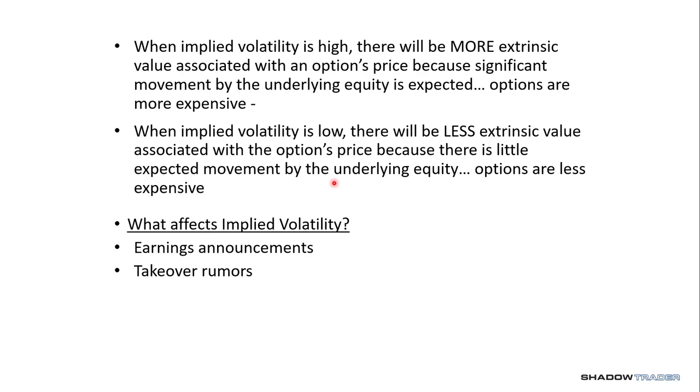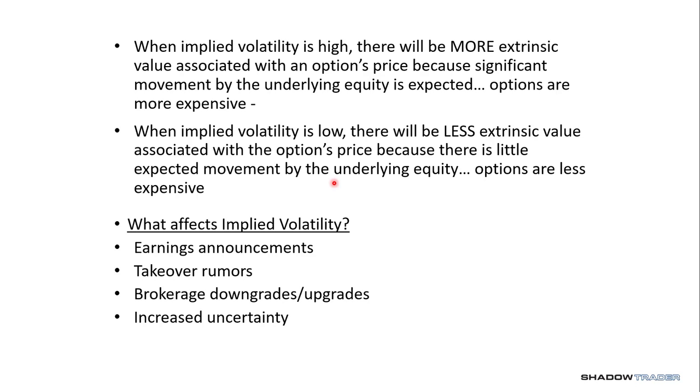Implied volatility goes up. Downgrades and upgrades. The ability for the equity to make or not make the price targets. Uncertainty in the market. Folks, it's all about news. It's all about something being unexpected that's going to change implied volatility.